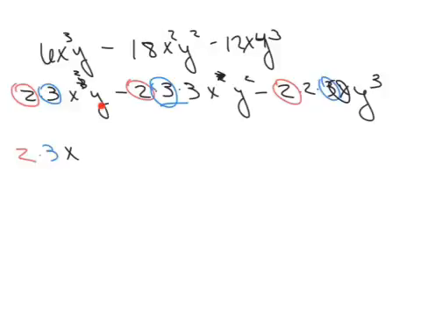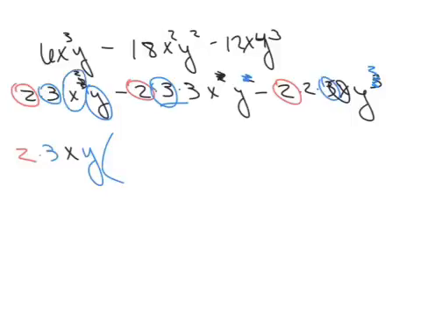Now let's look at the y's. I've got 1y, a y squared, and a y cubed. So let's take the 1y out. That takes all but one. I can take 1 out of there, and I can take 1 off of here. So what does that leave me with?